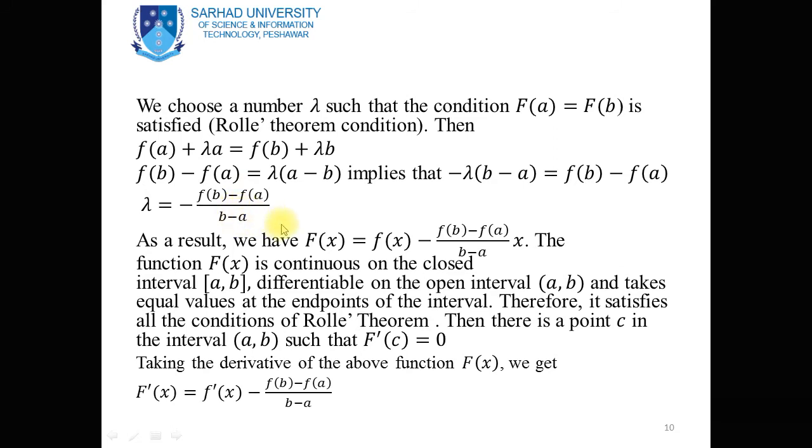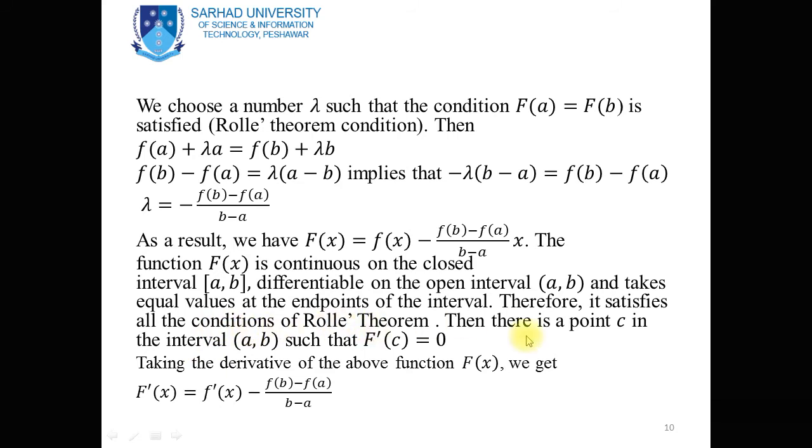As a result, we have F(x) = f(x) - ((f(b) - f(a)) / (b - a))x. The function F(x) is continuous on the closed interval [a, b], differentiable on the open interval (a, b), and takes equal values at the endpoints of the interval. Therefore, it satisfies all the conditions of Rolle's theorem.